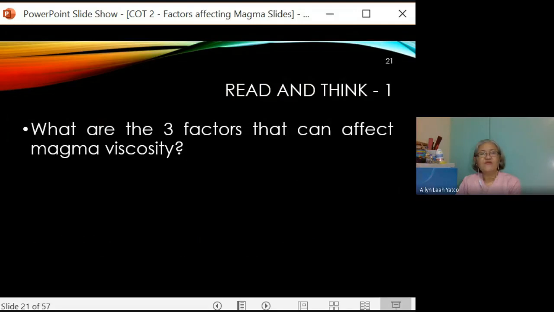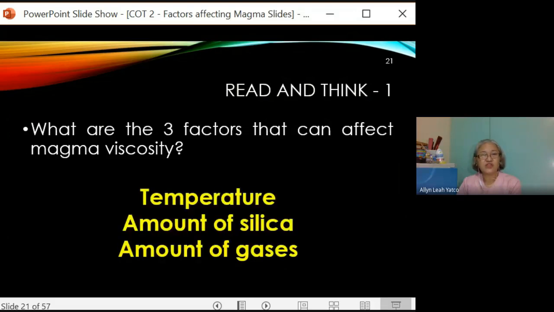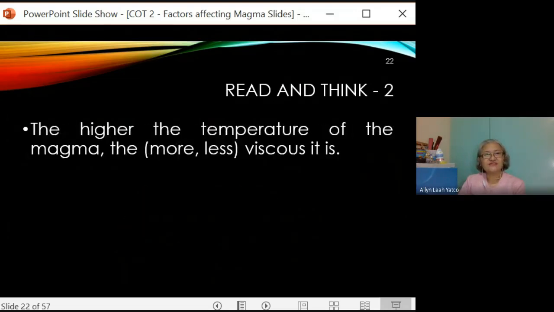Now, first question. What are the three factors that can affect magma viscosity? Our answers are temperature, amount of silica, and amount of gases present in the magma. Second question. The higher the temperature of the magma, the less viscous it is.